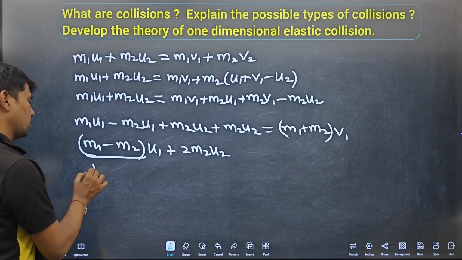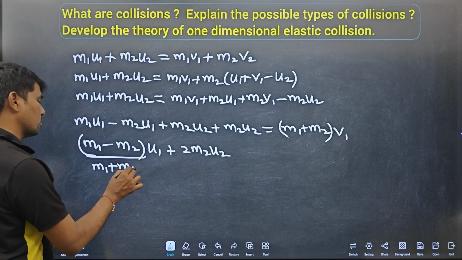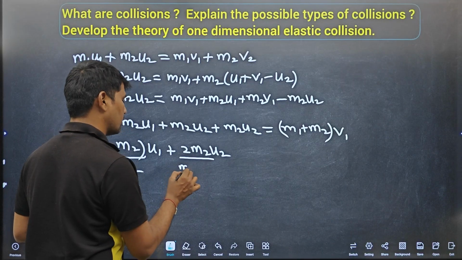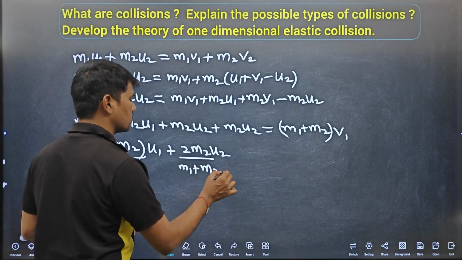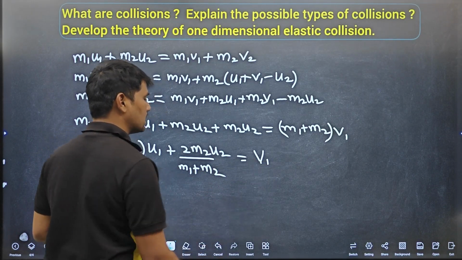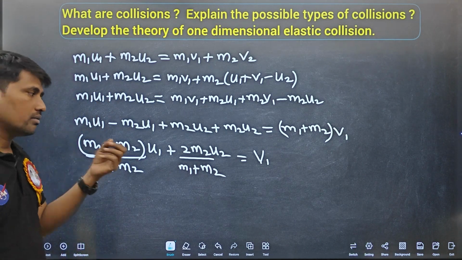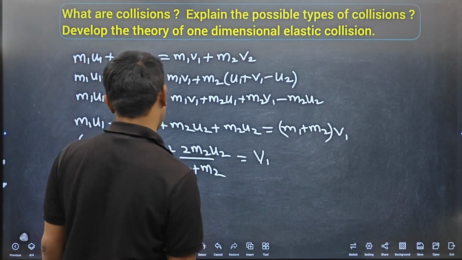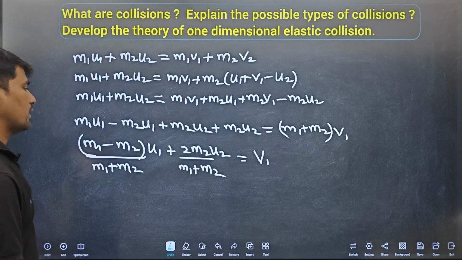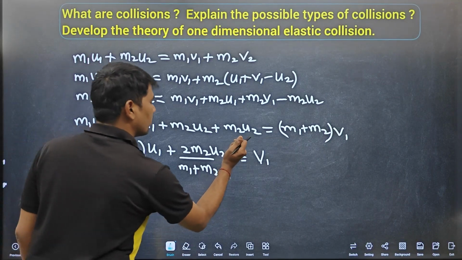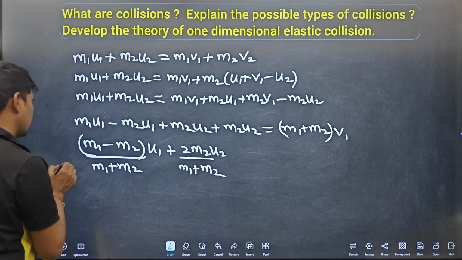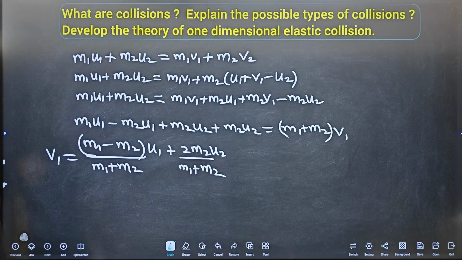I am writing here m1 plus m2, here also m1 plus m2. So finally we got the expression for the final velocity of the first body. v1 is equal to this expression.